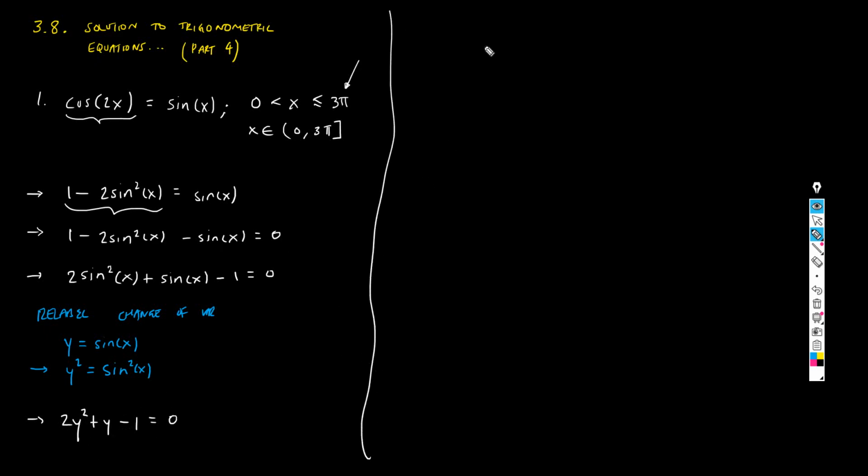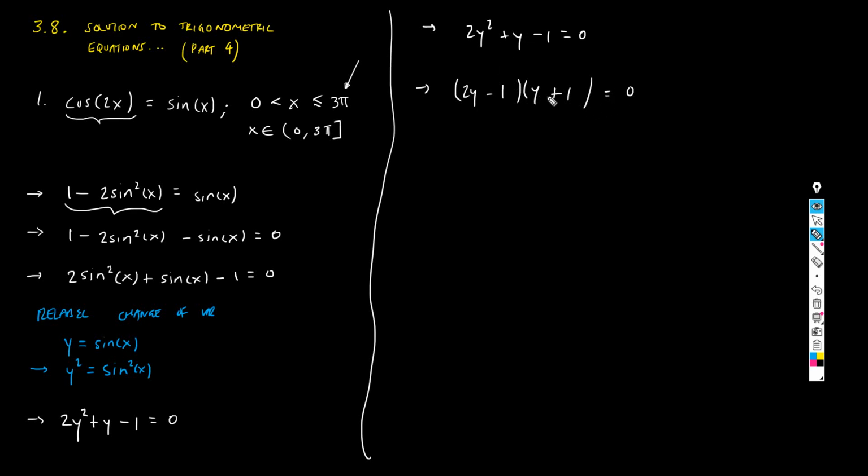So let's try to solve this equation now. You have 2y squared plus y minus 1 equals 0. Let's try to solve by factorization if we can. We have 2y, y, and then in here must be plus 1, and in here could be minus 1. Is it gonna work? Yes. Make sure that this is the factorization of this expression, guys.